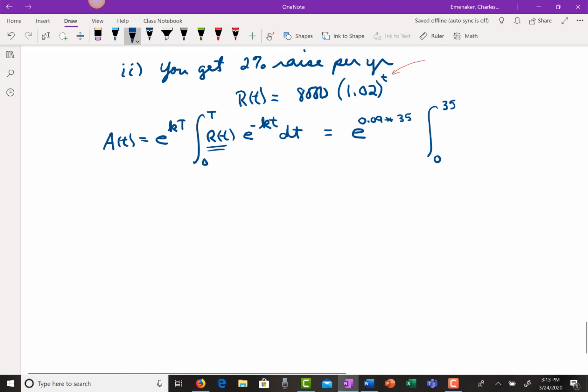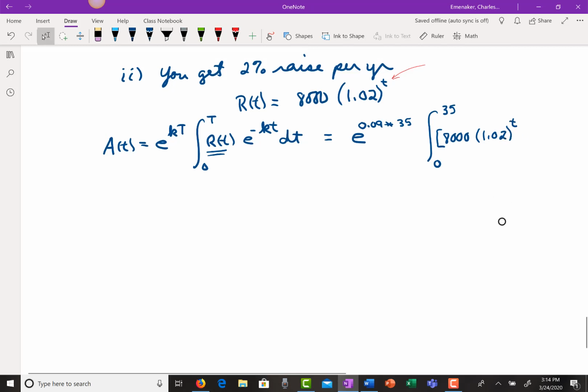The rate at which money is coming in is now going to be this 8,000 times 1.02 to the t times e to the negative 0.09t dt.